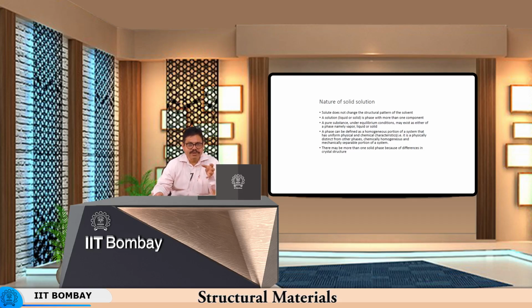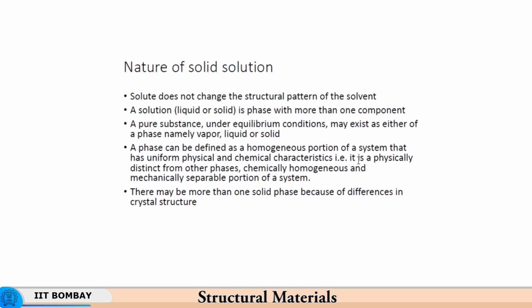For example, one phase can be harder than the other, and these phases are formed of alloying elements which are intentionally added to the system. So, a phase is physically distinct from other phases, it is chemically homogeneous and mechanically separable portion of the system.